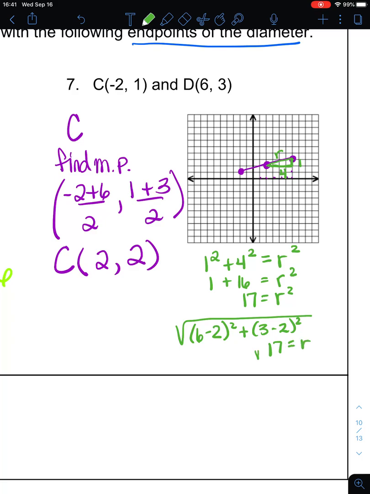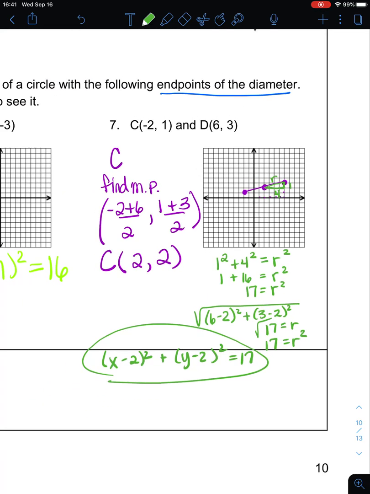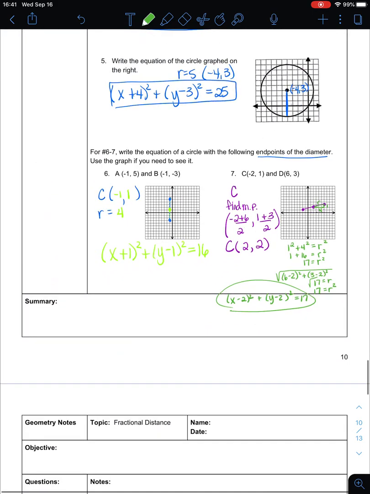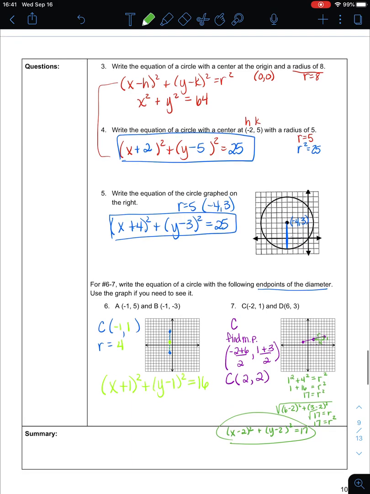The square root of 17 is r, and if I squared that on both sides, I would get that r squared is 17. So your final answer then would be (x minus 2) squared plus (y minus 2) squared is equal to 17, and that's the equation of that circle. So you need the center and the radius to write the equation of a circle.